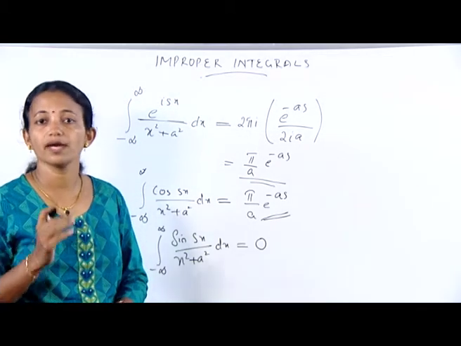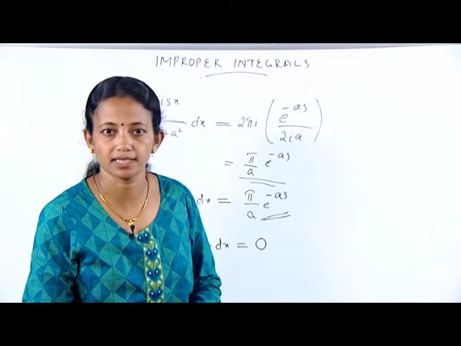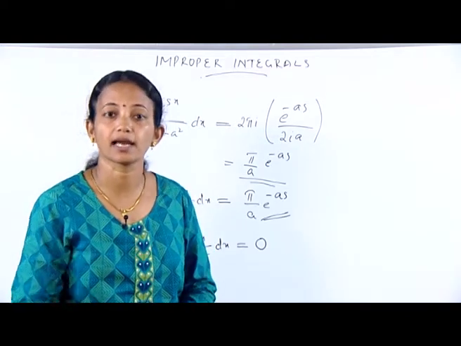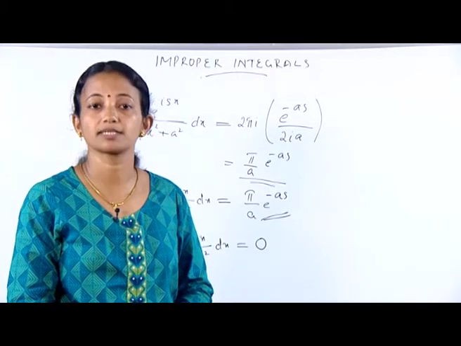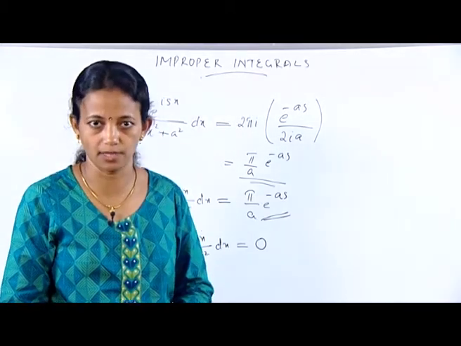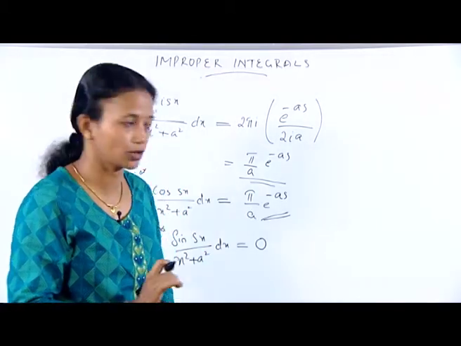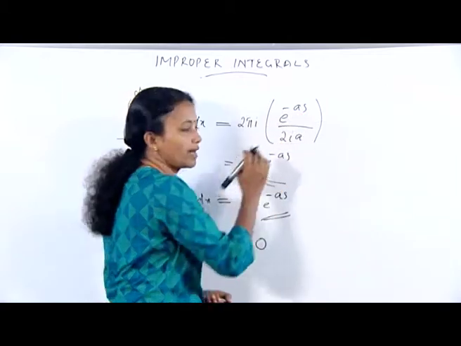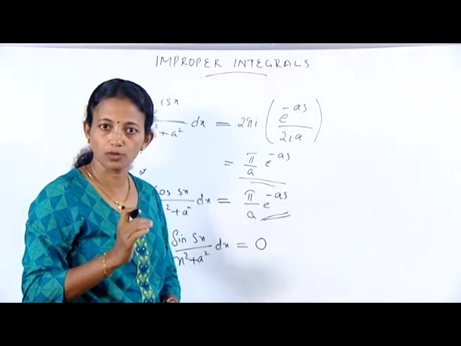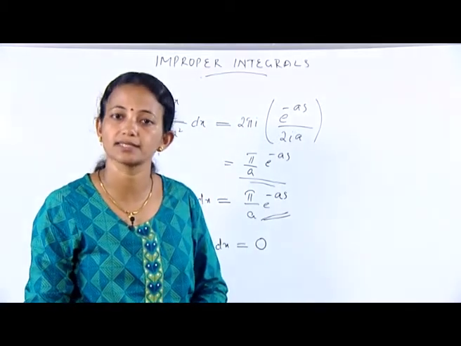The above may also be obtained using equations 6 and 7, that is integral minus infinity to infinity cos s x by x square plus a square dx is equal to minus 2 pi of imaginary part of e raised to minus a s by 2 i a, which is again pi by a into e raised to minus a s.